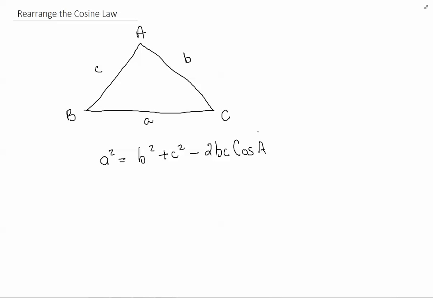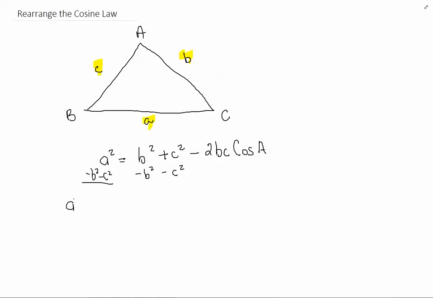Now, if we're given the length of all of our sides and are being asked to calculate an angle, we have to rearrange this equation. So the first thing I'm going to do to rearrange it is to subtract both sides by b squared and c squared.